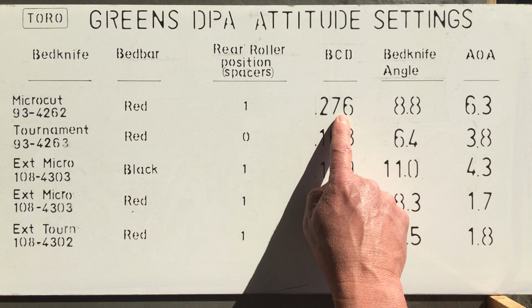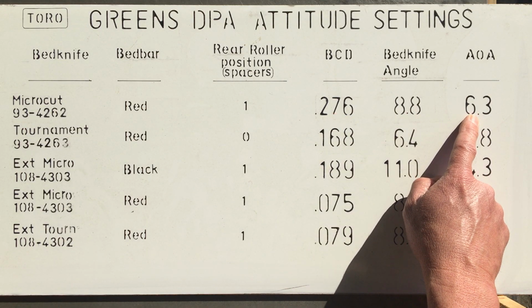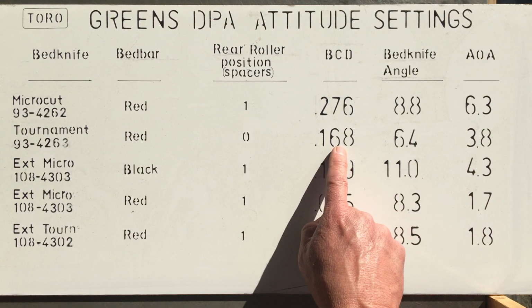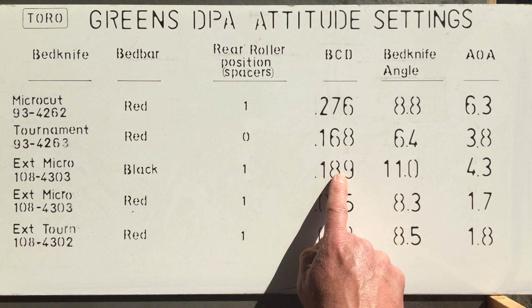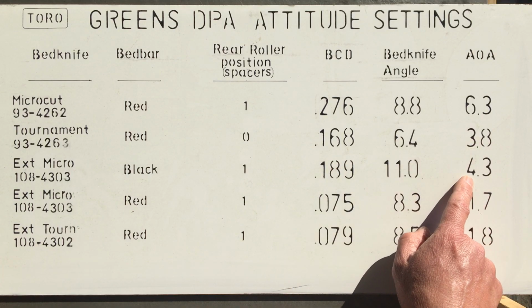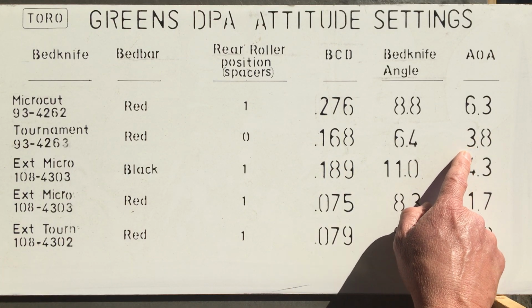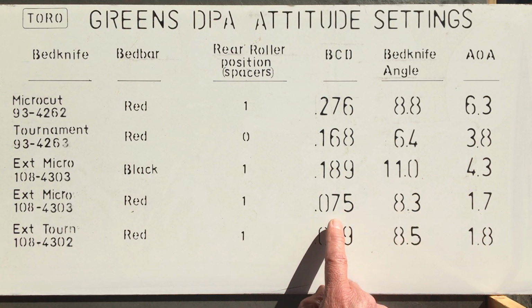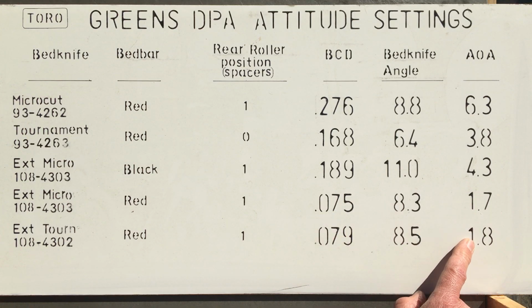So here's the most aggressive setup, the greatest angle of aggression. A moderate amount of aggression here, and the angle of aggression is in the mid-range. Very little aggression here, and a very small angle of aggression here.